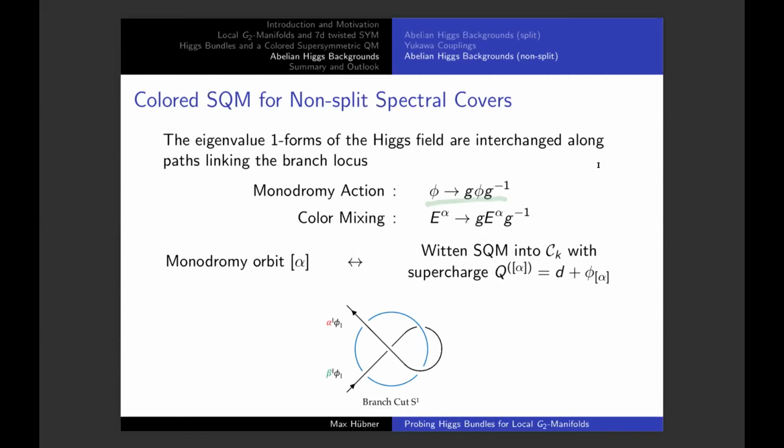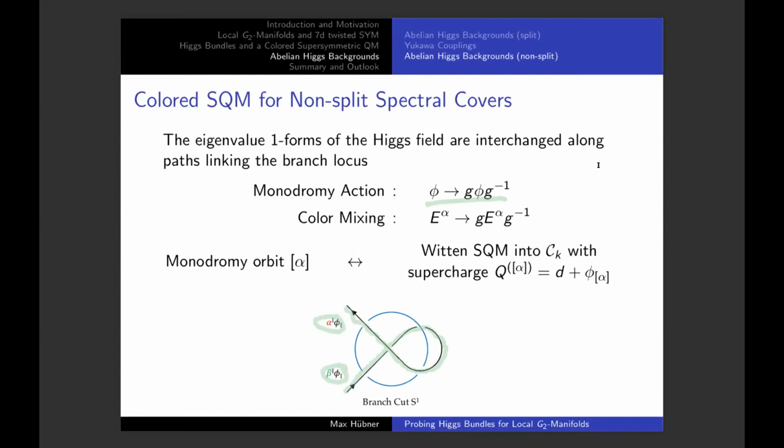And whenever a particle follows a flow line of a collection of eigenvalues, it, after encircling the branch cut, seems to follow the flow line of a different collection of eigenvalues. It changes color. However, this is something that the particle itself doesn't experience, and to it seems to be probing an enlarged target space. A target space which is a covering space of M3 and which is topologically a component of the spectral cover.